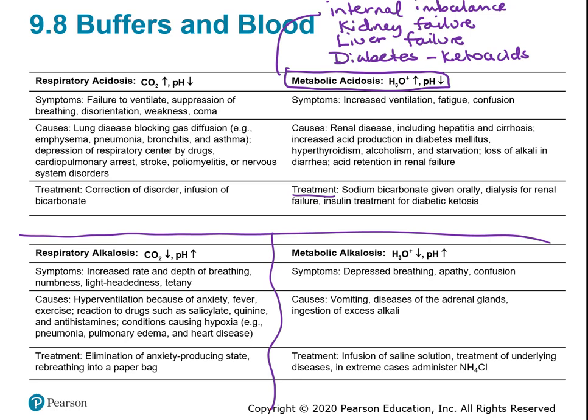But metabolic alkalosis, if you've ever had the flu and vomited until you could vomit no more, and afterwards you're super shaky, that is because excess vomiting can cause symptoms of metabolic alkalosis. You lose too much stomach acid. Your body's normally used to absorbing a certain amount of acid from the stomach, so if you lose all that acid, it can cause the blood pH to go up.